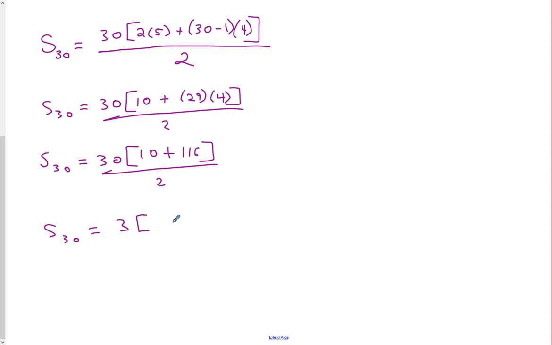So we've got 30 times 126 divided by 2. Oh, I missed a 0 in there.